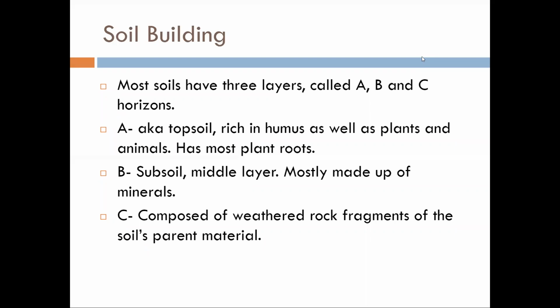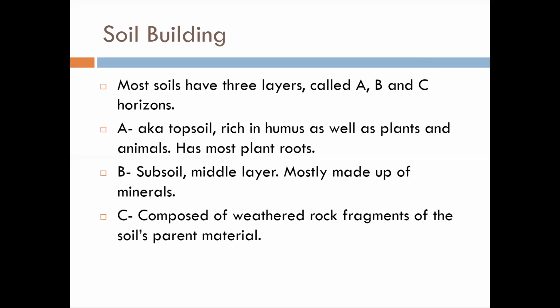All right, next we're going to talk about soil. Most soils have 3 layers, A, B, and C horizons. So horizon A is also known as topsoil.